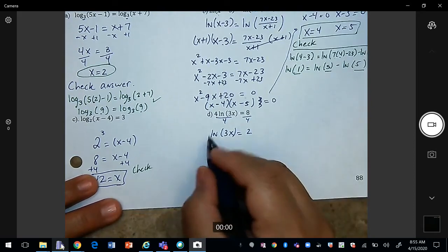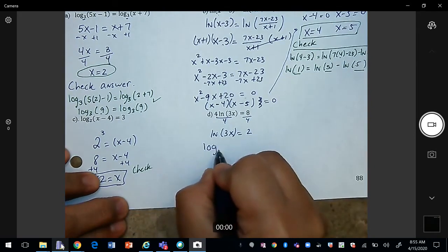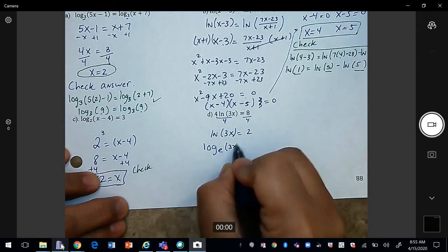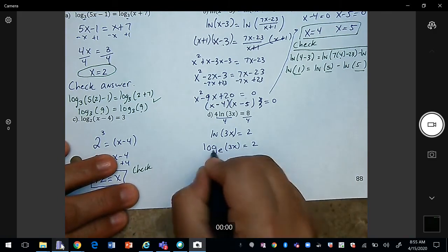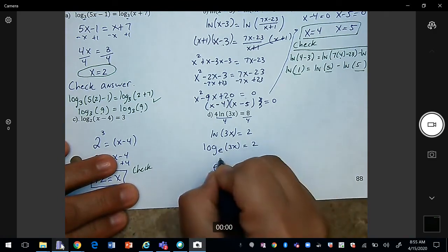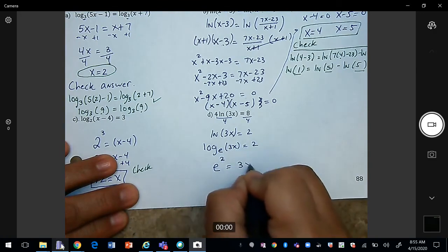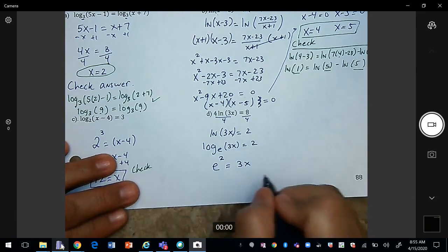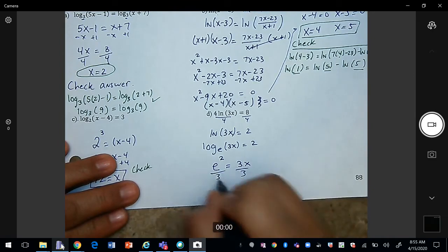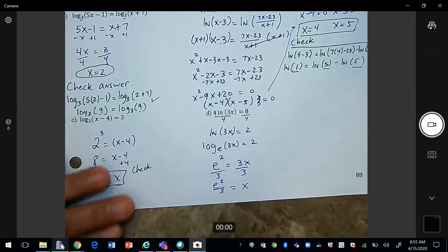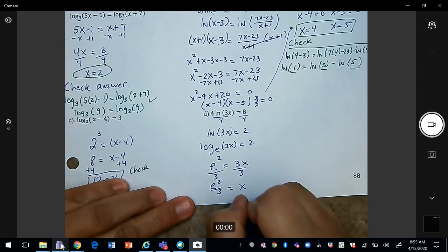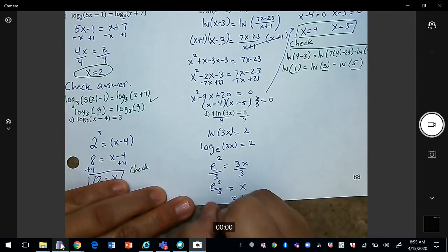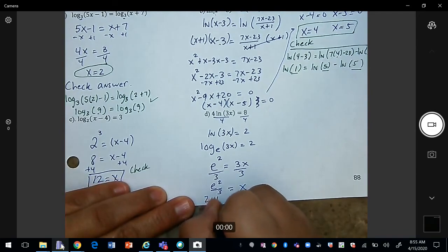Remember that the natural log is the same as log base e, so my base here is e. The log is equal to my exponent, in this case 2, of 3 to the x. Divide by 3. So e squared divided by 3 is my solution. The approximation, if you enter it in the calculator, is 2.463.